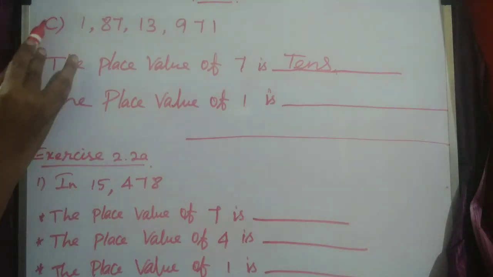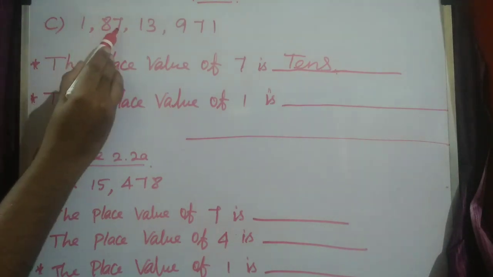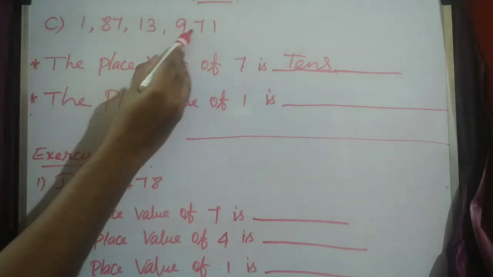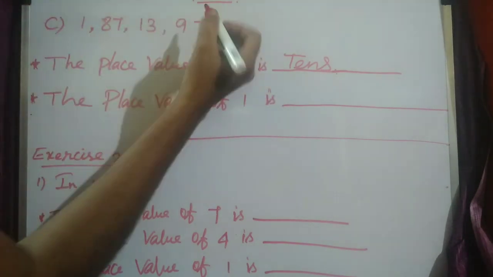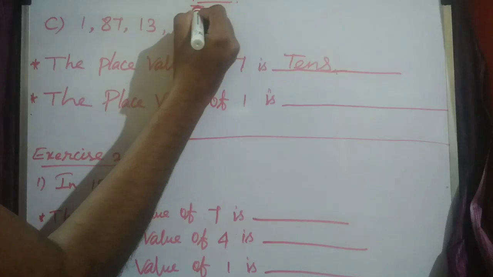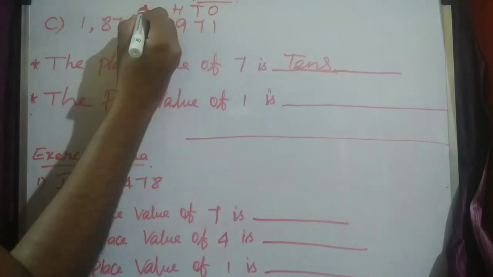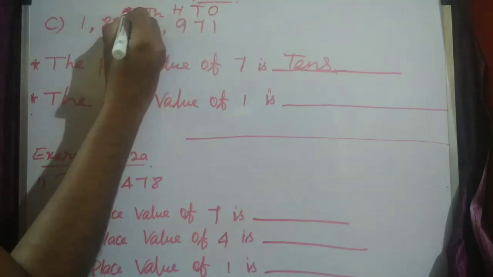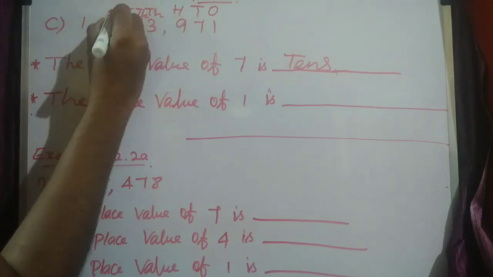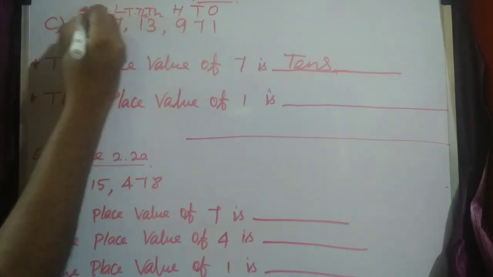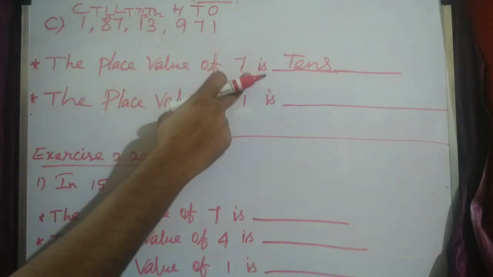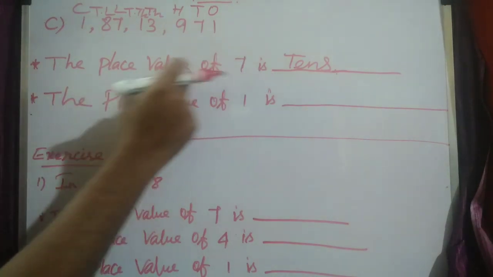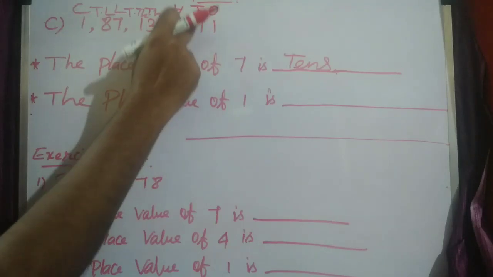Next question. The given number is 1 crore 87 lakhs 30,971. Write the place values from right to left: ones, tens, hundreds, thousands, 10,000s, lakhs, 10 lakhs, crores. The place value of 7 is tens. 7 into tens, 70.